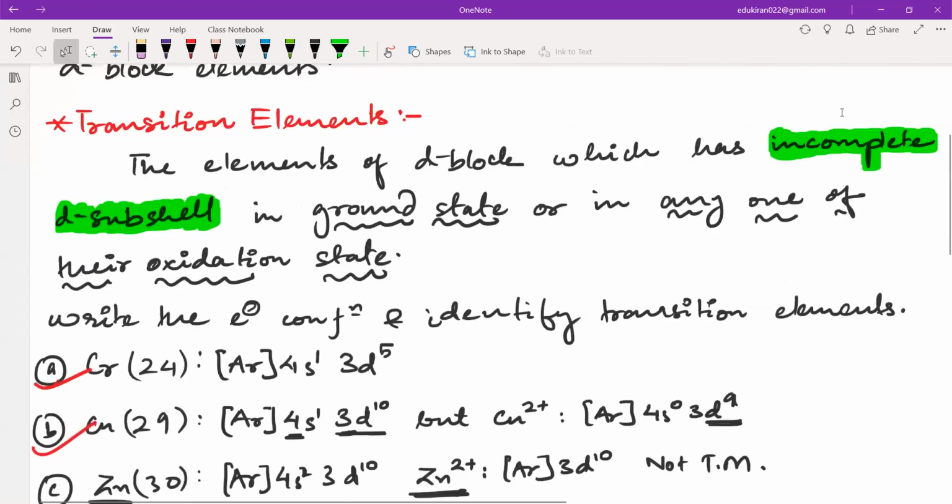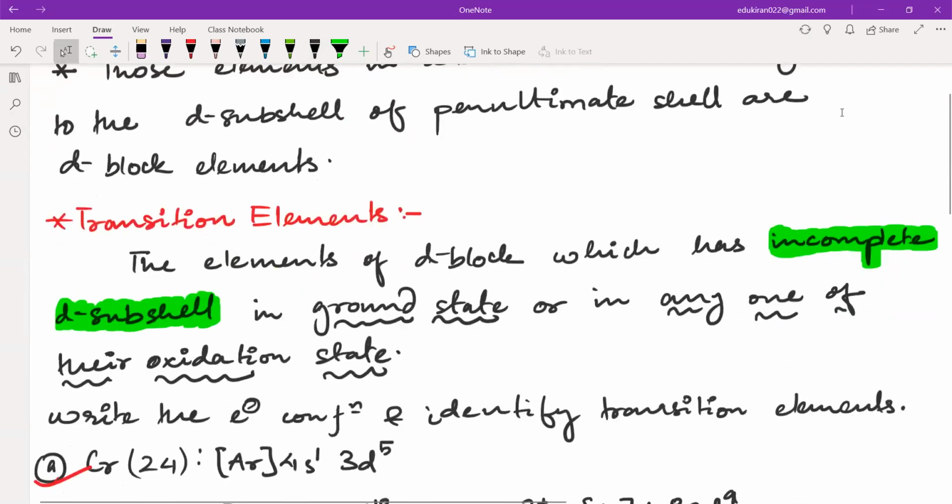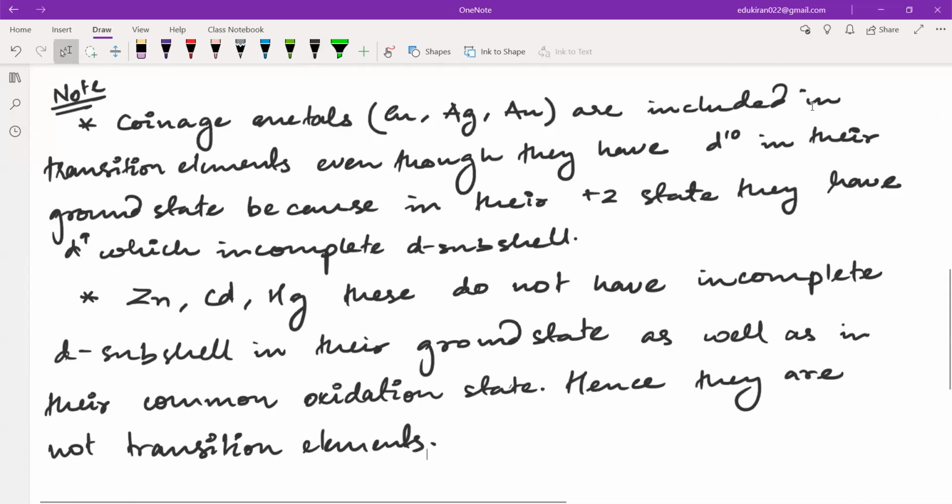Have you guys written the above part? These 2 points? Yes, sir. Okay. So write the note. Let me know if you're done.